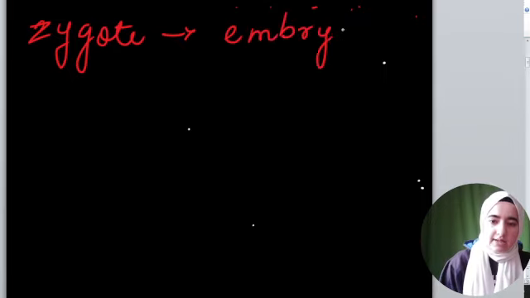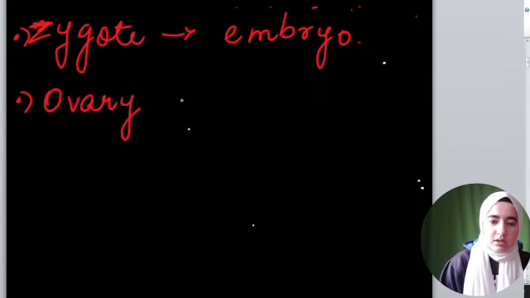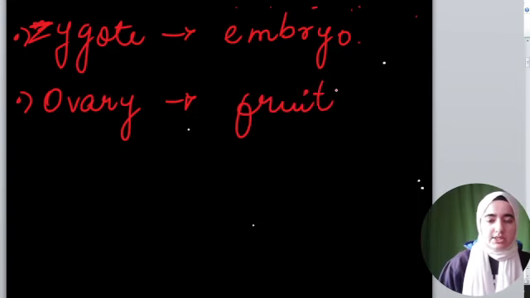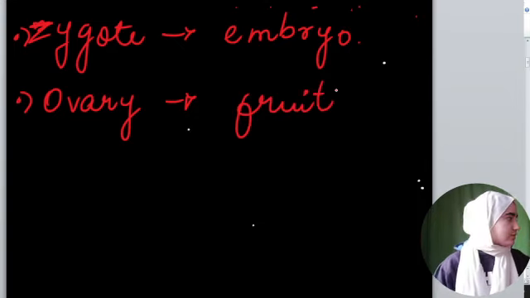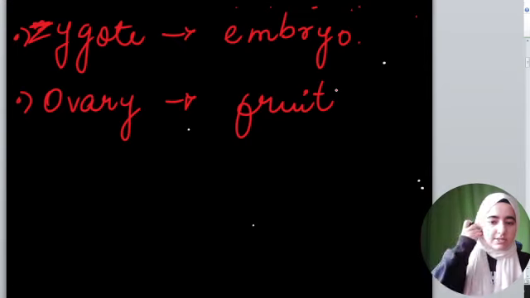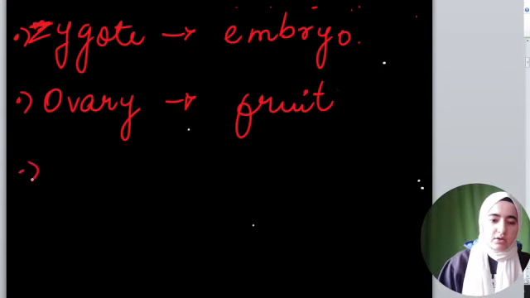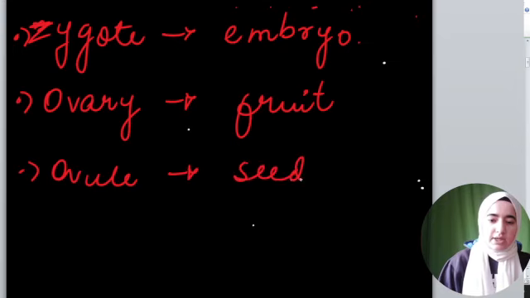Zygote was formed at the time of fertilization. When this zygote converts into embryo, it's known as a post-fertilization event. Similarly, when our ovary converts into fruit, that is a post-fertilization event, because this event took place after fertilization. Similarly, when our ovule converts into seed, that is a post-fertilization event, right?